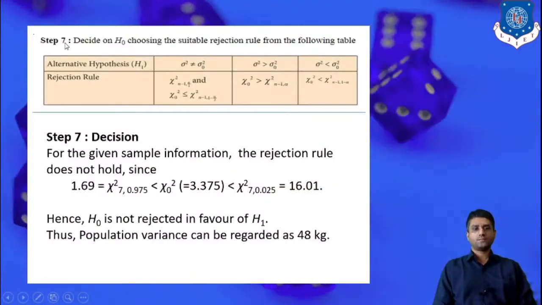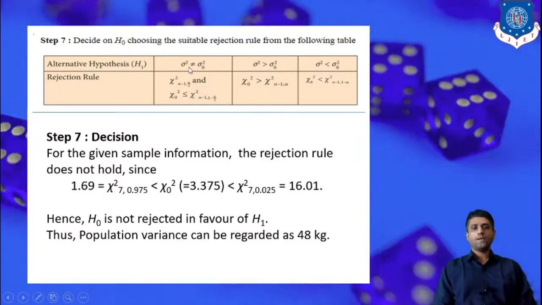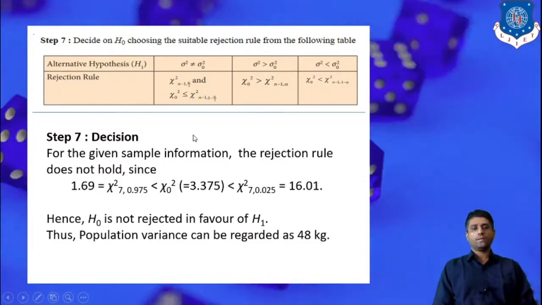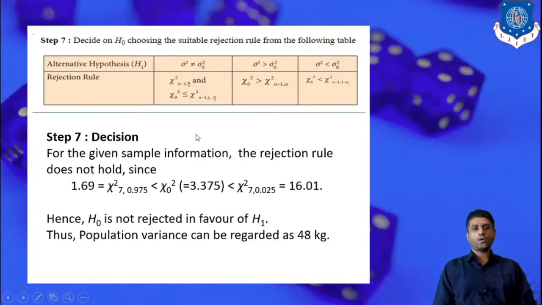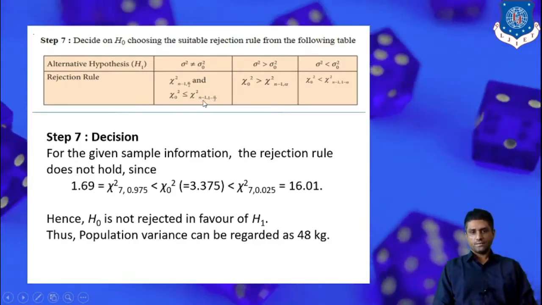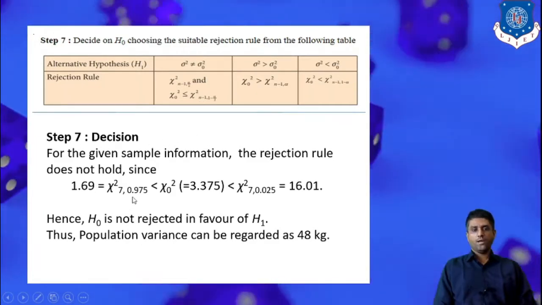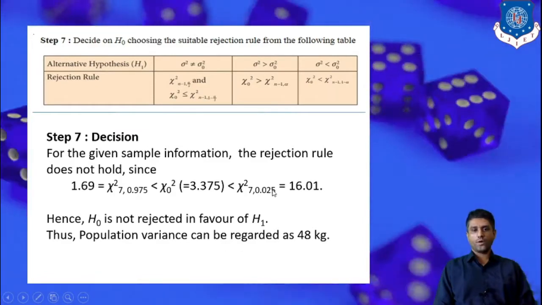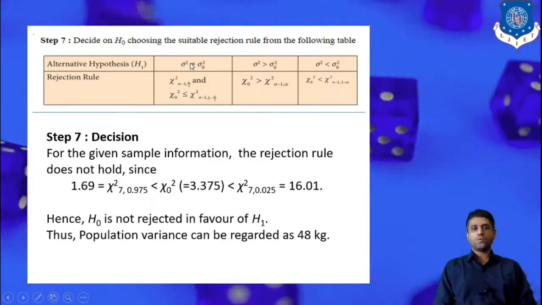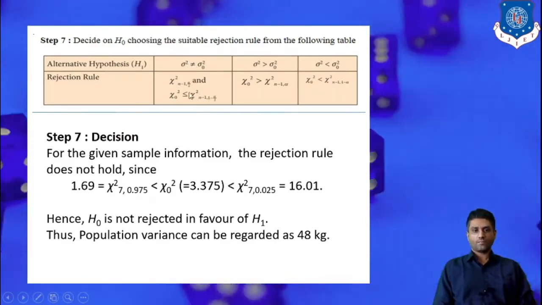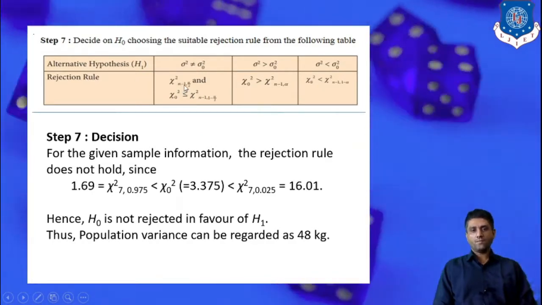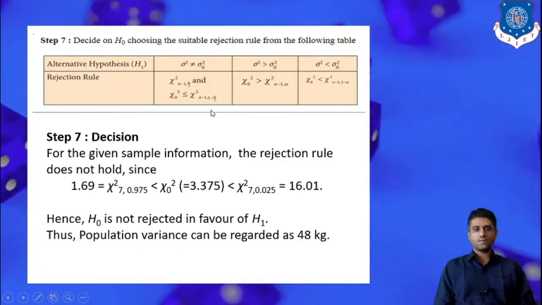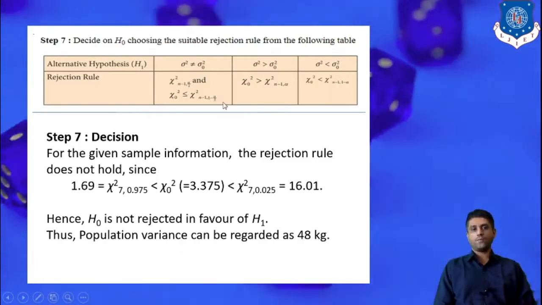So step number 7. On the basis of the observed value, we have to check whether the null hypothesis is rejected or not rejected. See here, why we have to consider these two values, at 0.975 and 0.025: because when chi-square is a two-sided test, then we have to observe n minus 1, that is the degree of freedom, and alpha by 2, that is the level of significance, and also we have to collect 1 minus alpha by 2.